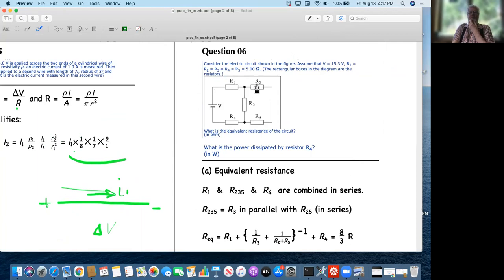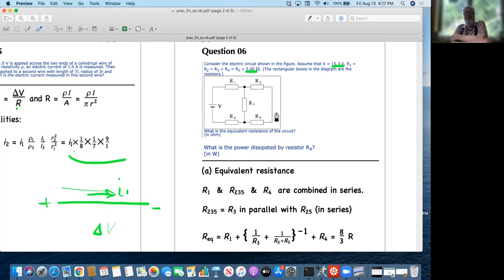And the 5 resistors all have the same resistance. They all have resistance 5 ohms. So there are 2 numbers in the problem, the 15.3 volts and the 5 ohms. And now the first question is, what's the equivalent resistance of these 5 resistors?